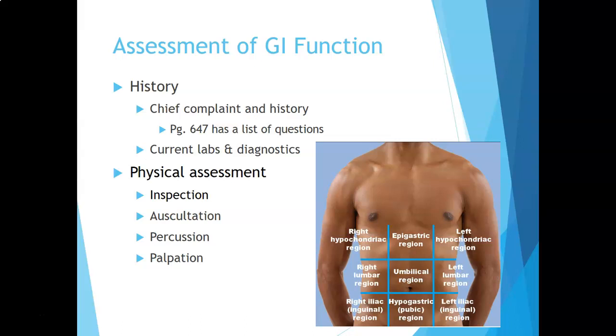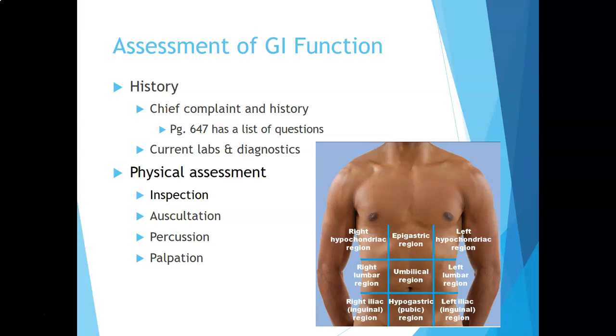So again, in A&P, and we'll get down into it a few lectures from now, liver function does impact the way somebody can clot. So bleeding tendencies might be related to liver function, just something to keep in mind.